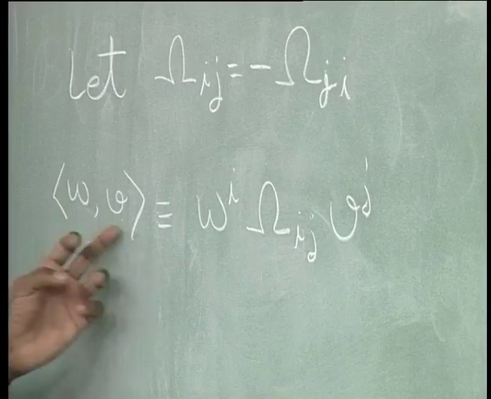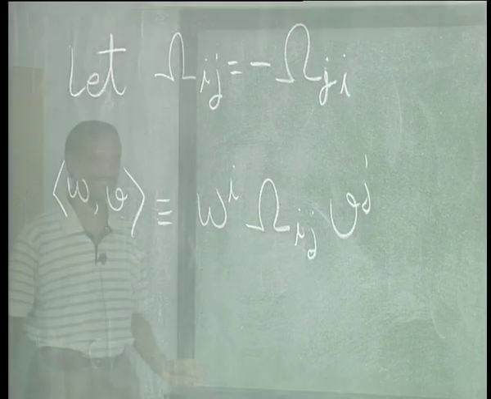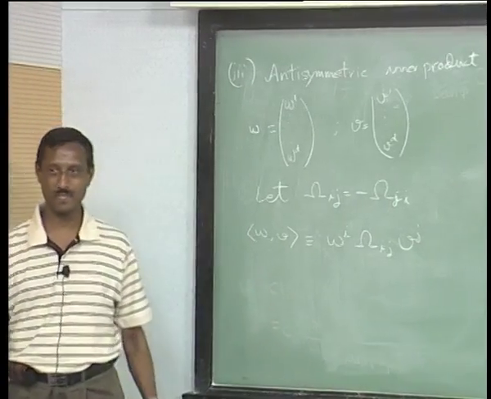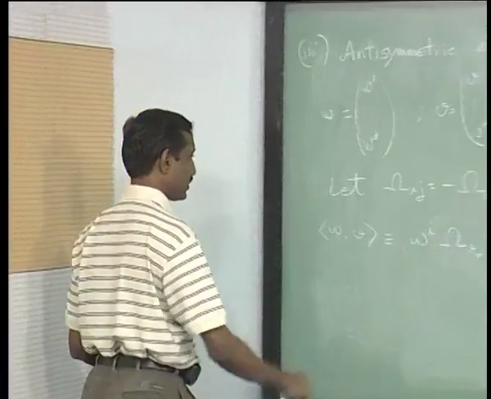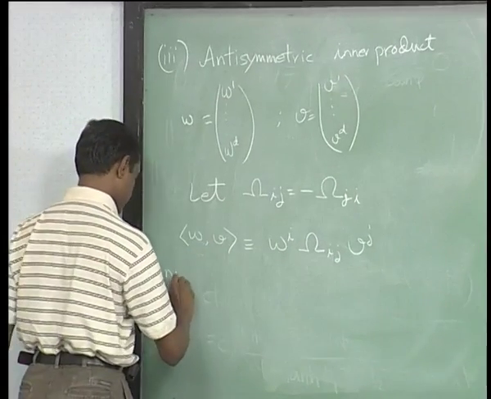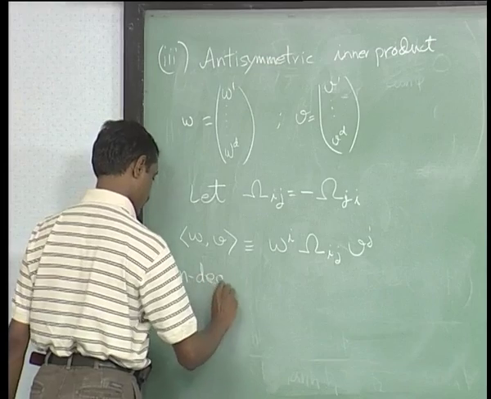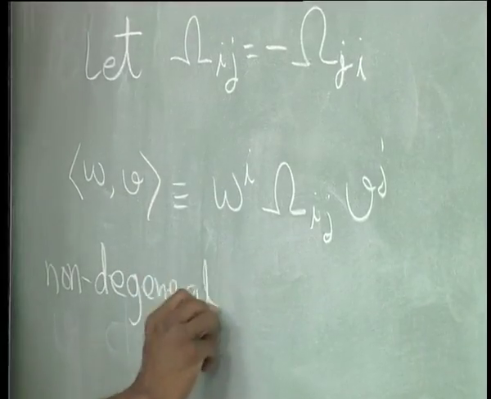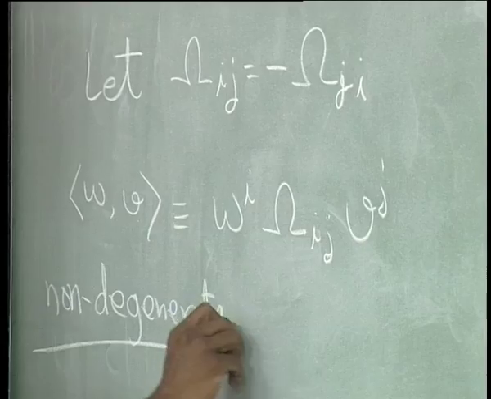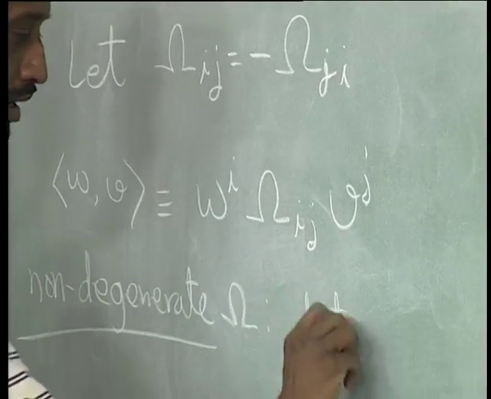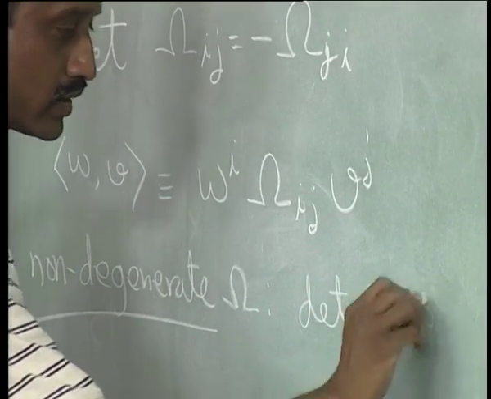So, clearly if I take the same two vectors I get 0. This is antisymmetric, and let us assume this is non degenerate. That means the determinant of omega is not equal to 0.